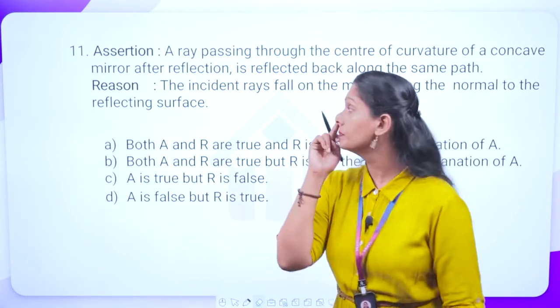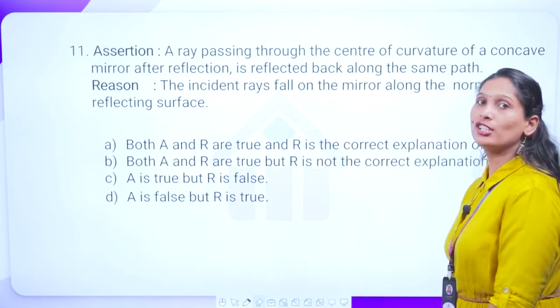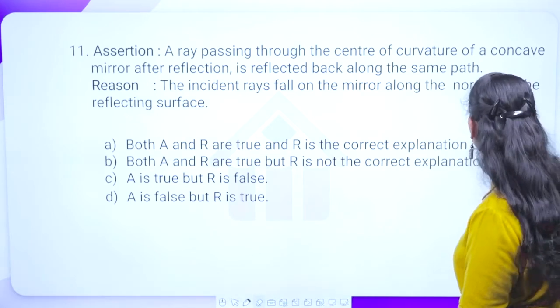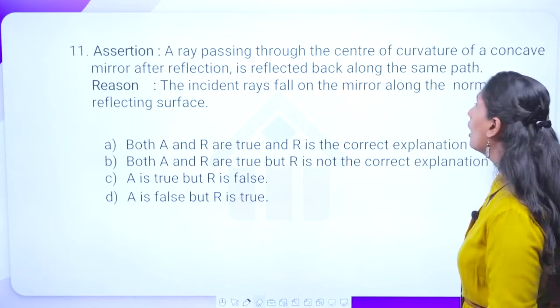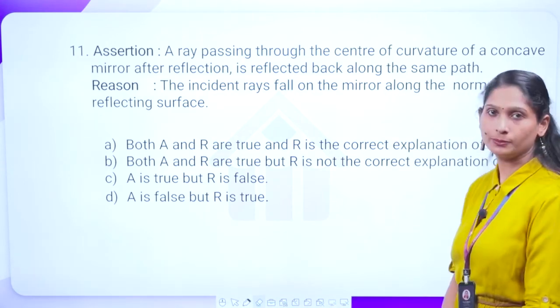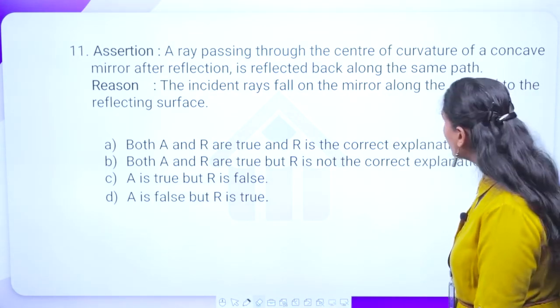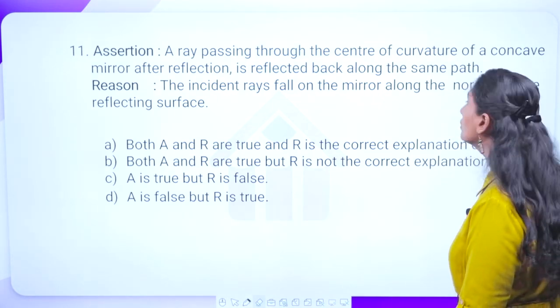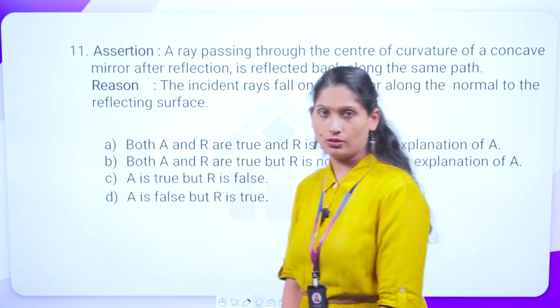What is happening? The first assertion given is that a ray passing through the center of curvature of a concave mirror after reflection is reflected back along the same path. And the reason given is that the incident ray falls on the mirror along the normal to the reflecting surface.